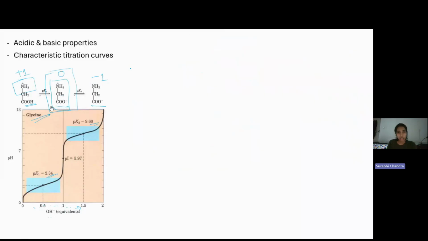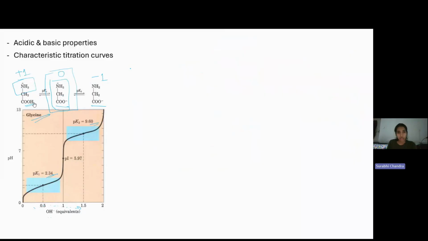When you move towards this side where OH minus concentration decreases, that means the medium is becoming acidic, so more H plus is present in the surrounding. In that case, this COO minus accepts H plus ions, which are abundant in the medium now, and the lone pair on nitrogen is taken up by another H plus ion, and eventually the net charge on this glycine molecule is +1.